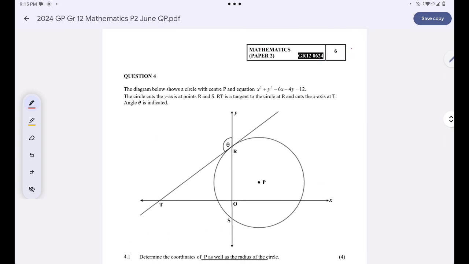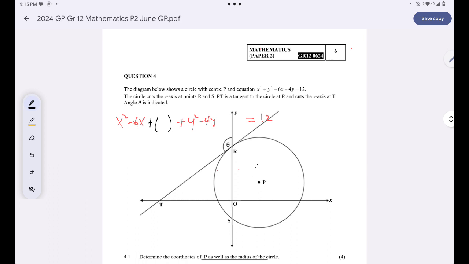So all I need to do is to just complete the square. If I have x squared minus 6x, then I'll have y squared minus 4y is equal to 12. By completing the square, I just need to take the value of b multiplied by a negative half and then square it.